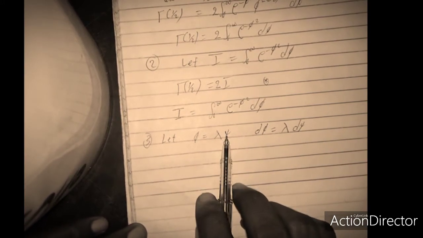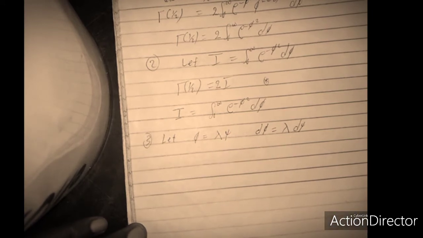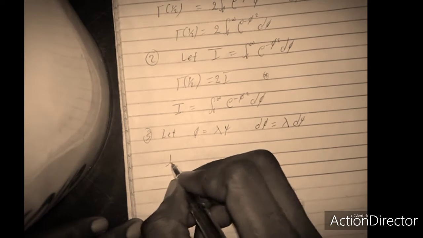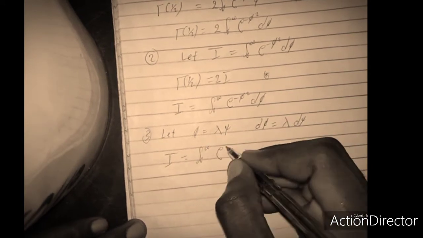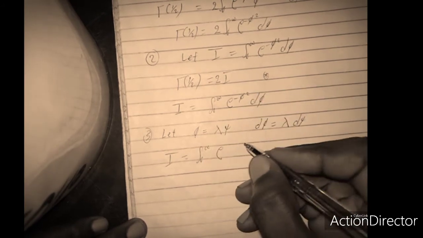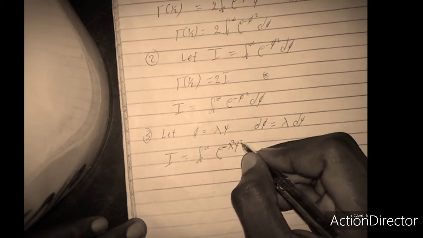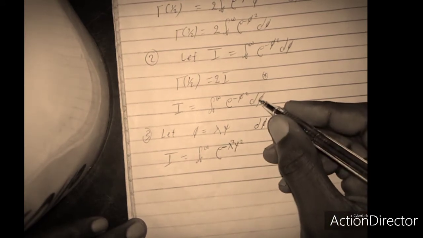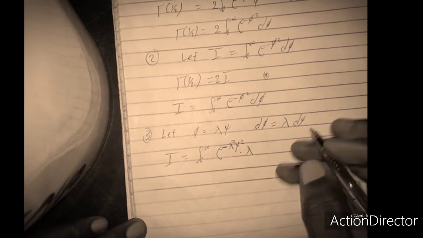So if you differentiate psi, you get 1 times lambda, that's lambda, then the d psi. So that my I will become the integral from 0 to infinity of e to the minus, you know, this is phi squared, and phi is lambda psi, so it will become minus lambda squared psi squared. Now instead of my d phi it is now lambda d psi, so it will be times lambda d psi.